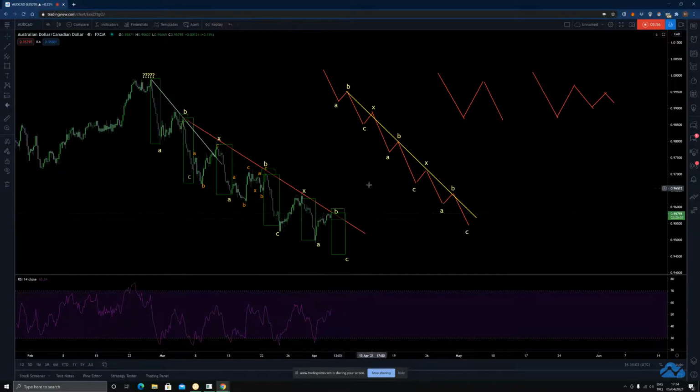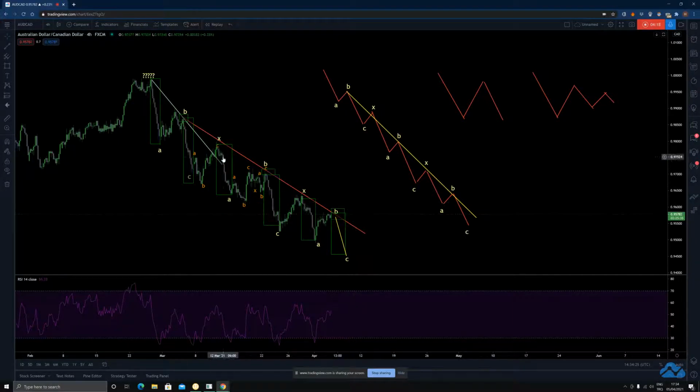Also, what else can this be? So if A, B, C, now after this B wave, we might expect a wave C. So you may think to yourself, okay, now the trend line came, why is it not a good place to go short? Well, there are actually a couple of reasons for this.